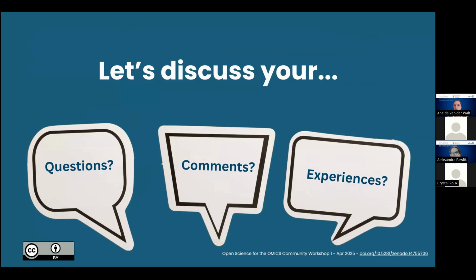So really your considerations of what license do you put on your data, where do you publish it, when do you publish it, why do you publish it? Much of that will be guided by the national, regional, institutional, funder, project, and discipline.